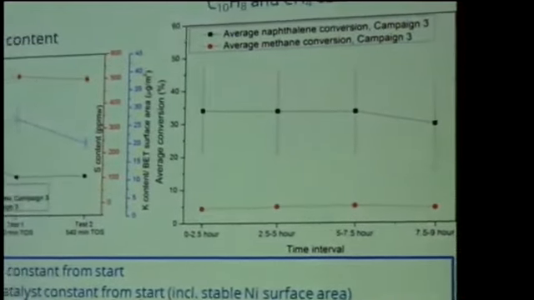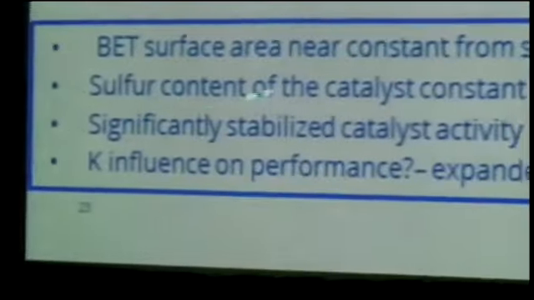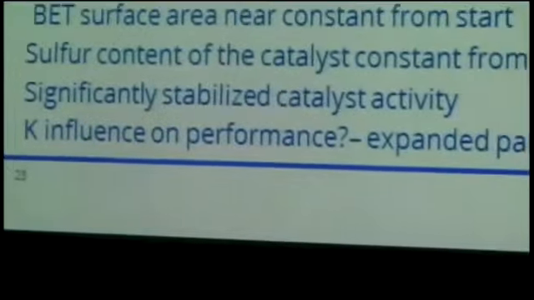So we have a situation with a stable BET surface area, and the sulfur content on the catalyst is constant from the start, and the fact that it stays stable here as well means that the specific nickel surface area is also stabilized.